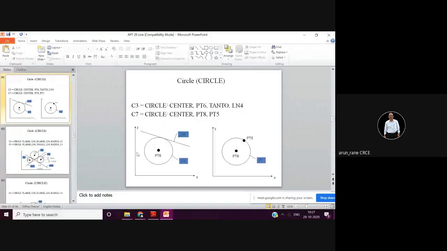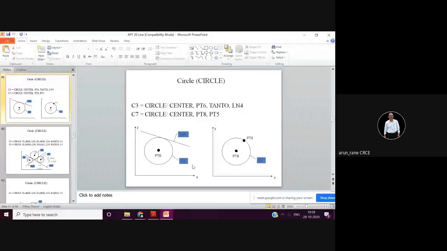Now we are checking the different ways of defining the circle. So circle C3, look at this now. If required, you can draw this.